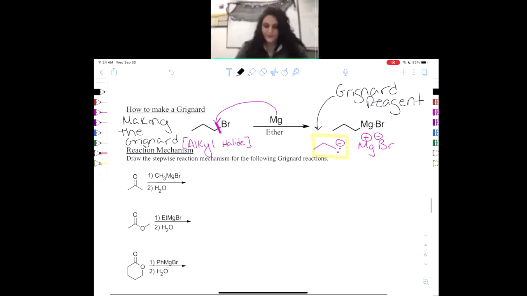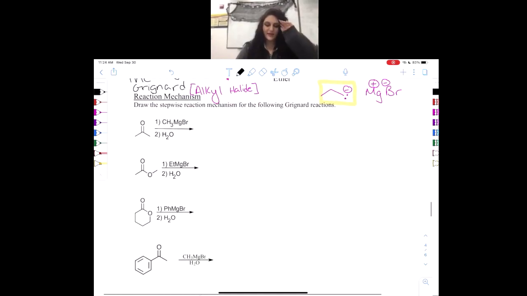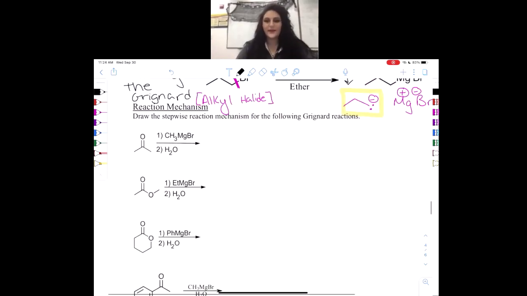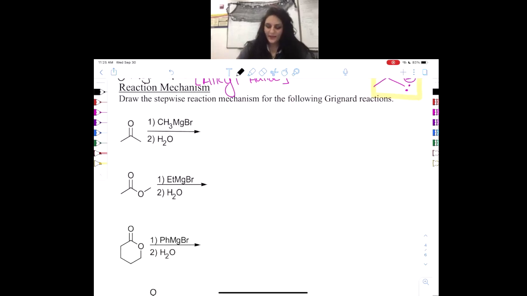Okay, so in these examples, I'm going to zoom in to do these, and then I'll zoom back out so you guys can see the whole page. And like I said before, this is drawn as one big glob together, but we don't care about MgBr. We just want CH3 minus.